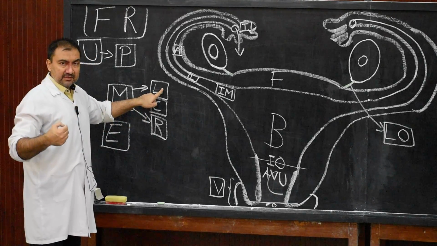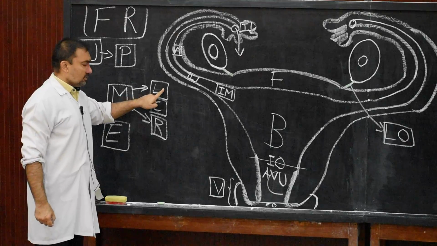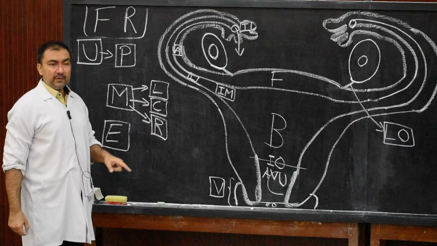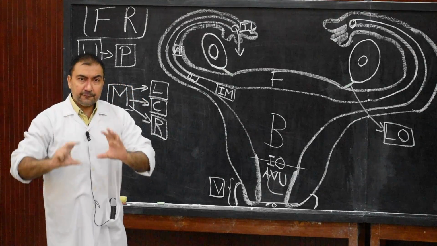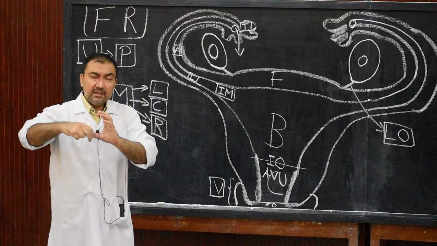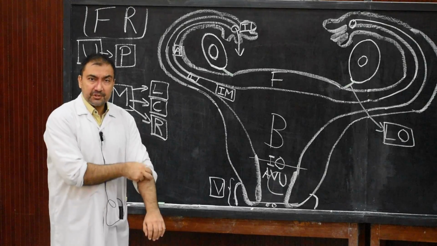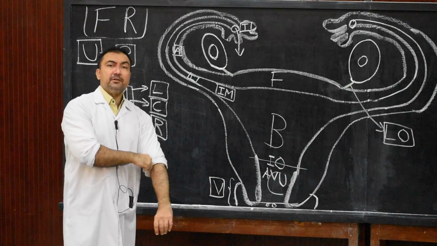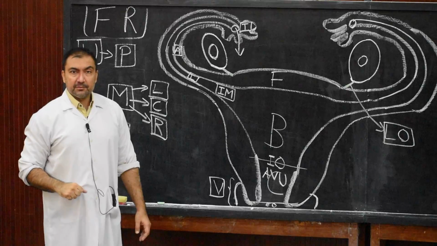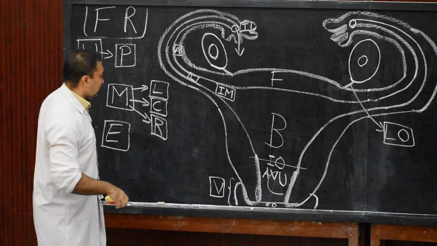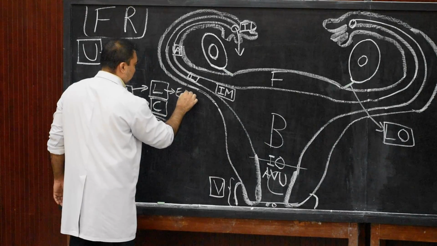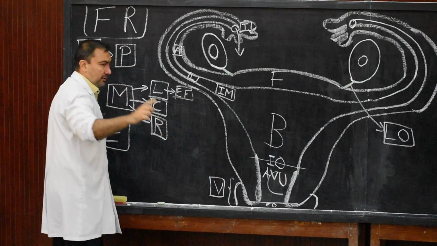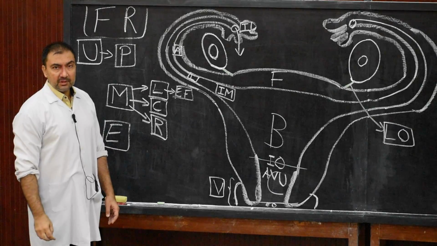Sometimes these are the questions in 1 mark question answers. The outer longitudinal layer will help in pushing the fetus out at the time of delivery, at the time of parturition. So it will help in the expulsion of the fetus during the normal process of delivery, the longitudinal muscle layer.